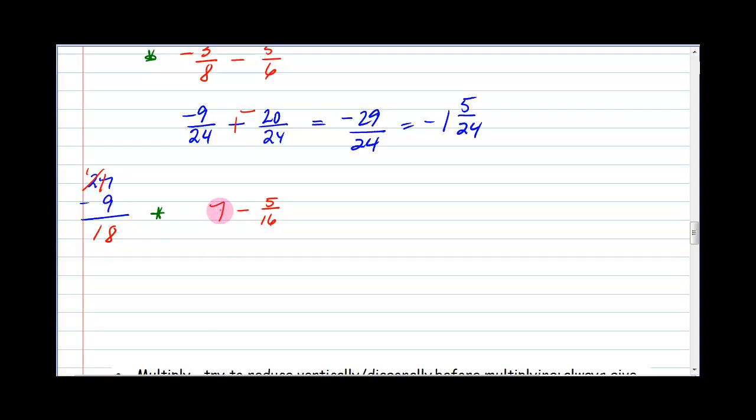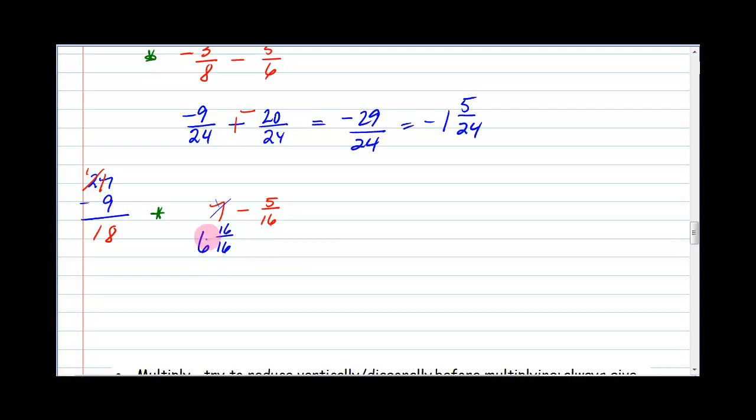And we're going to do the same thing when we borrow from 7. Only this time I have to borrow from the whole number 7, and I'm going to reduce that to the whole number 6, and I'm going to write a fraction next to it. I'm going to use the denominator 16 and rewrite this as 16 over 16. Well, let's think about that for a minute.